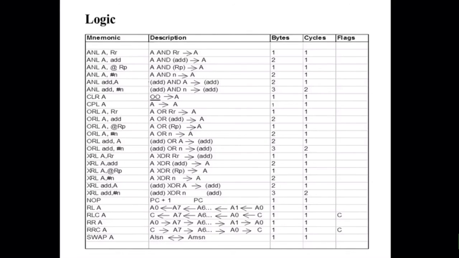The rotate left operation can be used in different cases. The same thing applies to RR. In the RR case, D0 becomes D7 of your given number. D0 moves to the D7 position in rotate right, and in rotate right through carry, D0 moves to carry and the carry logic is forwarded to D7.